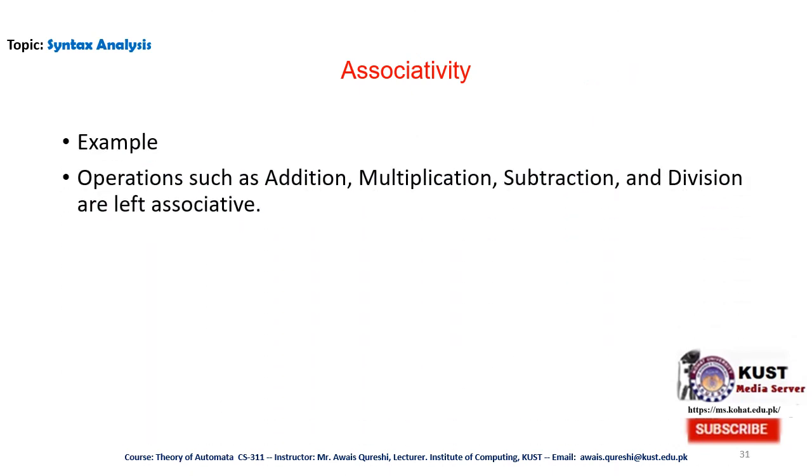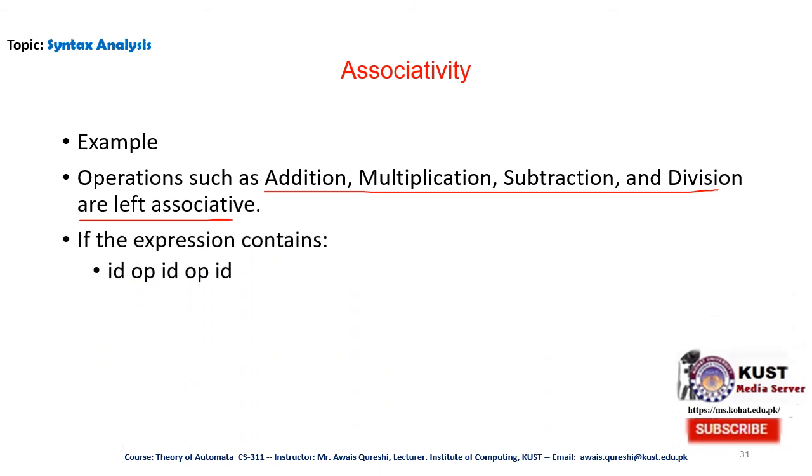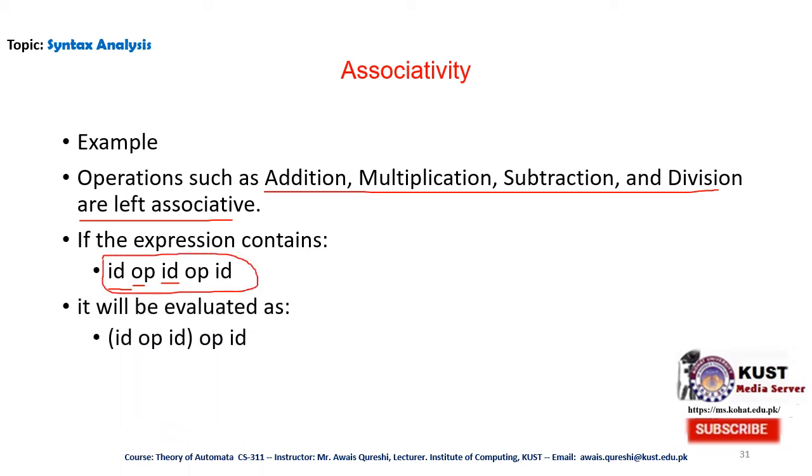Let's discuss this with an example. Operations addition, multiplication, subtraction and division are left associative, so these operations will take the left operand. If the expression contains id, op, id, this is the generic syntax of operands and operations, it will be evaluated as id, op, id, op, id.